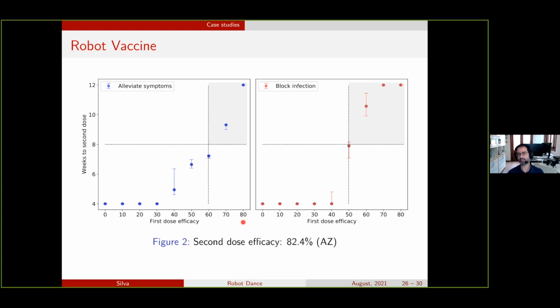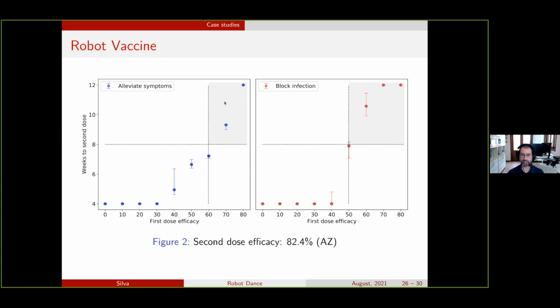This is what it's saying here. And once the first dose has less than, let's say, 60 or 50% of efficacy, it's better for you not to postpone the second dose, okay?